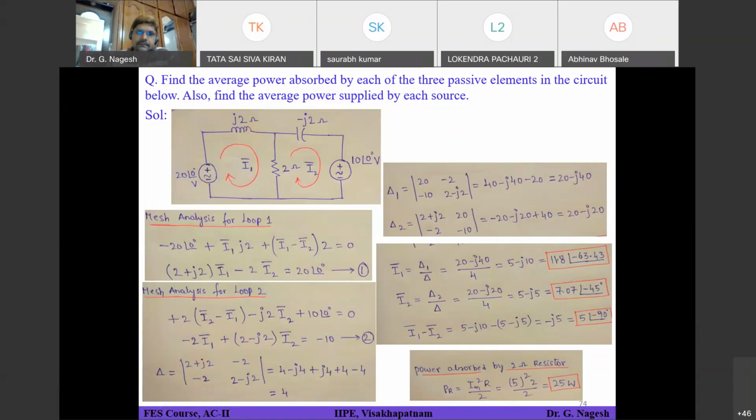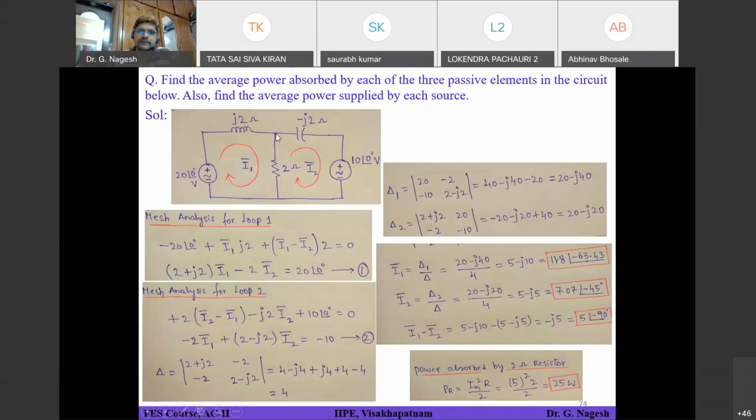So we should take 2 into I1 phasor minus I2 phasor. I1 minus I2 phasor will give you the current flowing in the 2 ohms resistor from top to bottom. Simply multiply that current with 2 because V is equal to I into R. You know the I phasor, you know R, which is 2 ohms. So simply it will be 10 at an angle of minus 90 degrees. That will be the voltage at this point.